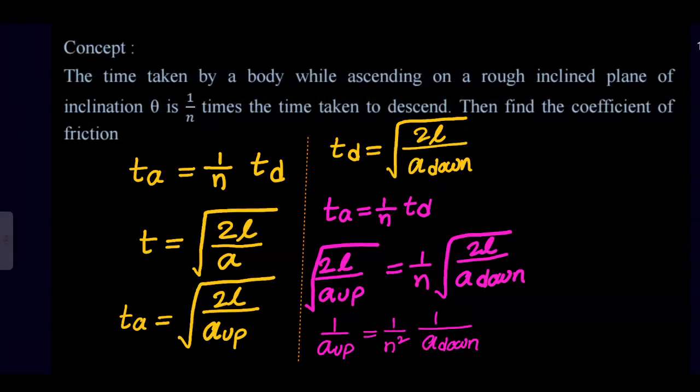Cross multiply, and we get A up equals n square into A down.